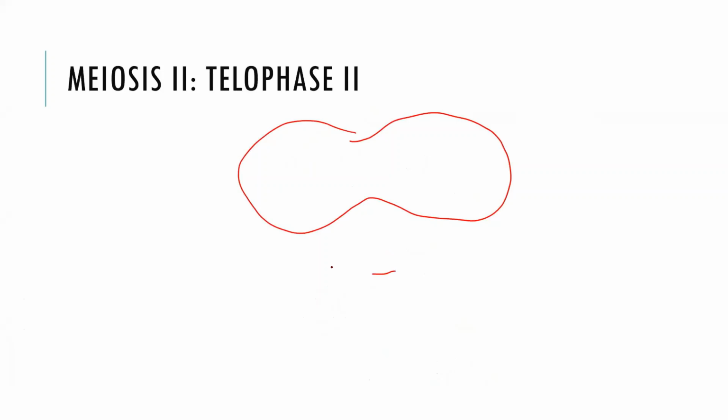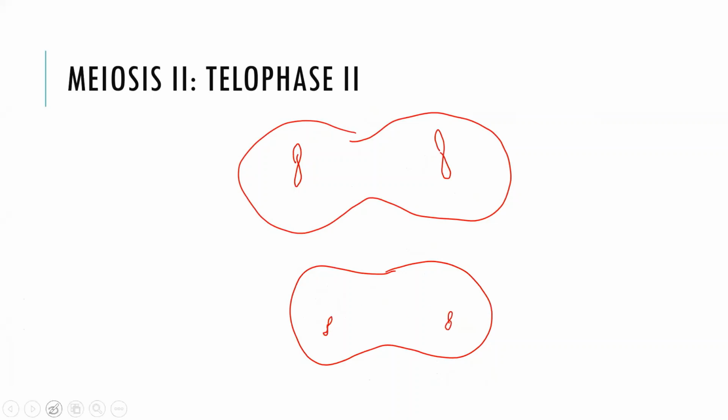So the cells elongate. So you can see we finally end up with one set of chromosomes.